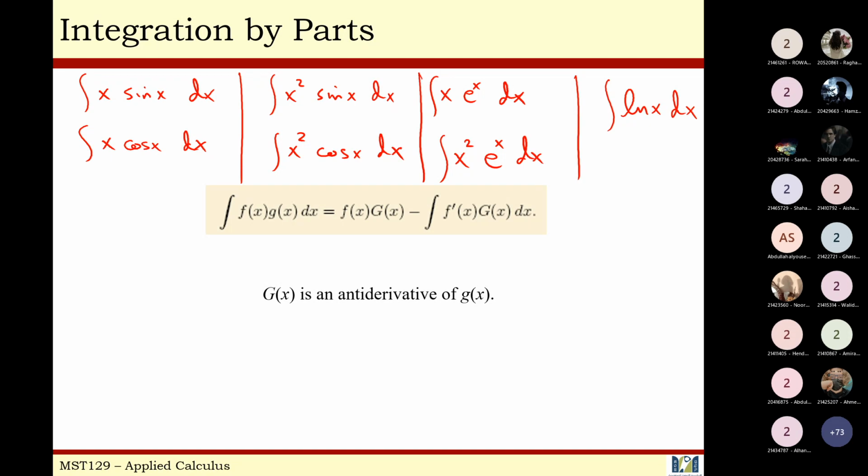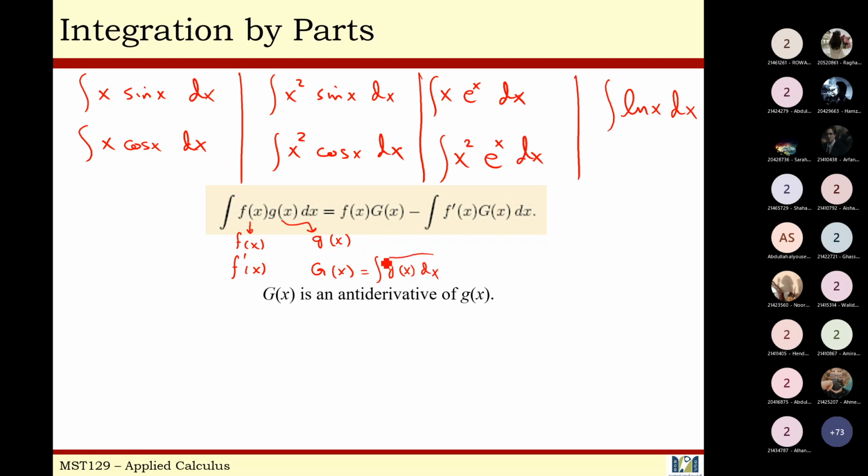Okay, how can we solve it by parts? By doing the technique. We let f of x, okay, find f prime of x, and let we have g, and find the integral of g, which equals the antiderivative, capital G of x. Okay, this is equal to the integral of g of x.